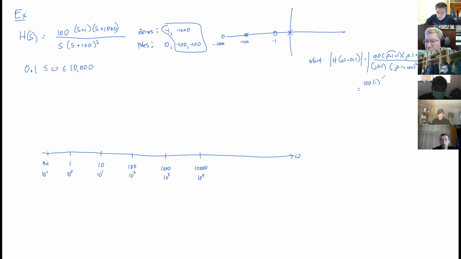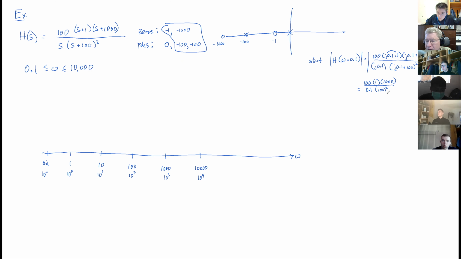The magnitude of this is pretty close to exactly 1,000. What is the magnitude of j times 0.1? Would that be 0.1? That's right. And the magnitude of this, using the same reasoning, is going to be 100 squared.